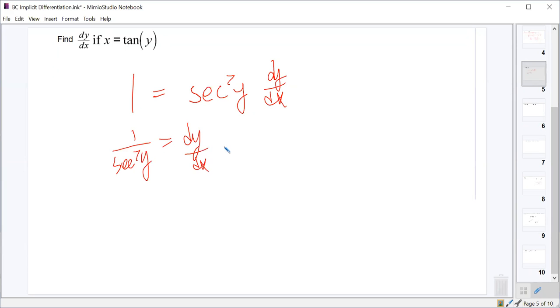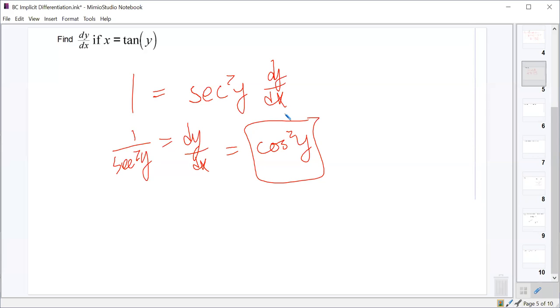And we could rewrite that as, instead of 1 over secant squared, how about just cosine squared y? And we'll note that the big difference between these and all the other derivatives we've done is that these ones can end up with a y in your final derivative, rather than before, they sort of all ended up with just x's, right?